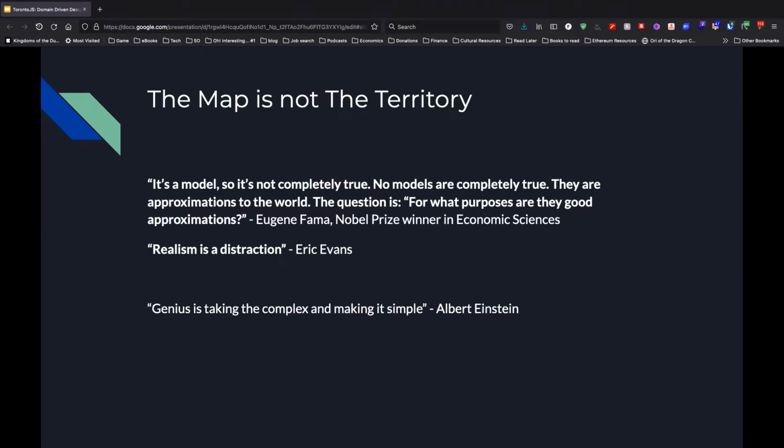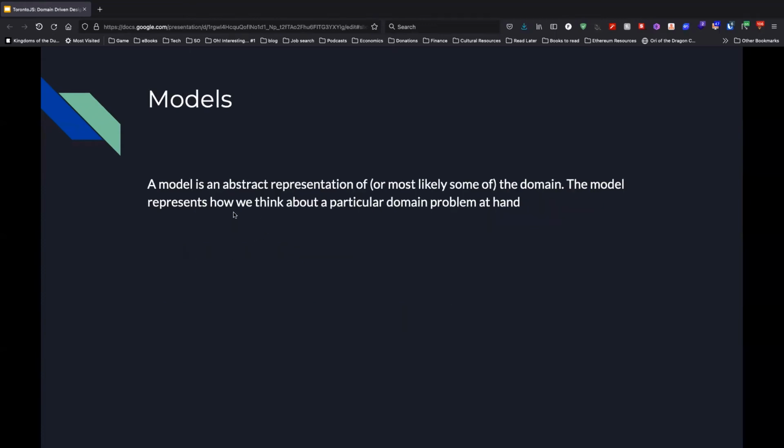But funny thing is that Eric will say that realistic models are a distraction, or more specifically, he says realism is a distraction. The reason is because we want to make sure that models represent how we think. It's not the way that the world is. So that's very important. It's about how we think, not the way that the world is.